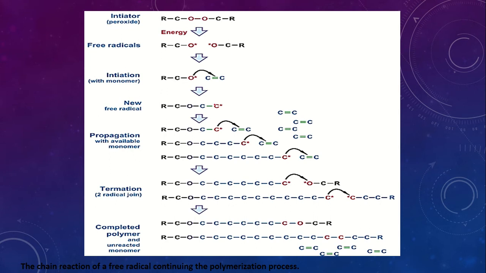Again, new free radicals combine with the monomer, and in this way the chain is propagated. So in the initiation process, we have the free radicals reacting with the monomer to form the initial end of the polymer chain. And in the propagation, we have the addition of monomers.